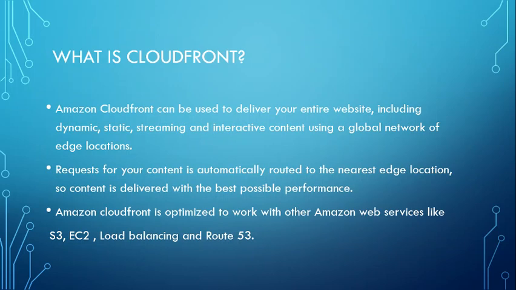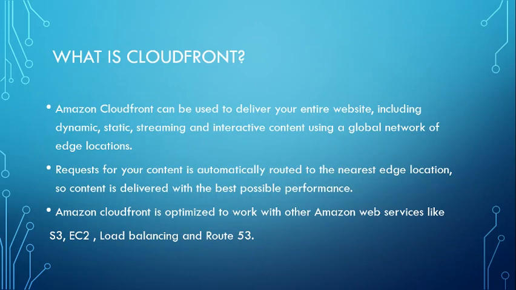Also, requests for your content are automatically routed to the nearest edge location. There can be many edge locations. I've shown you only a single edge location to simplify it, but in a place where you cannot build a data center, you can have multiple edge locations.